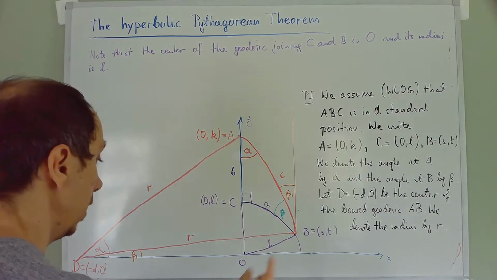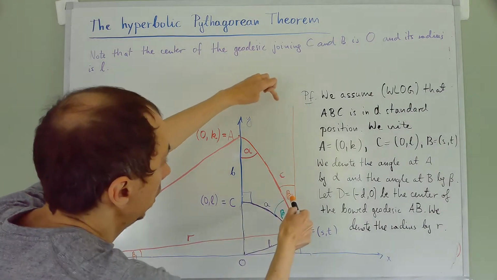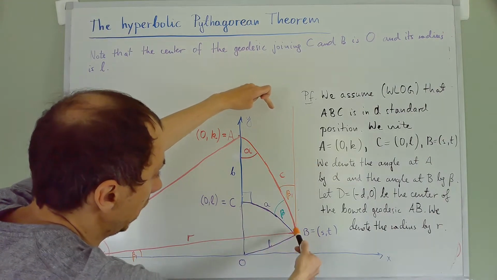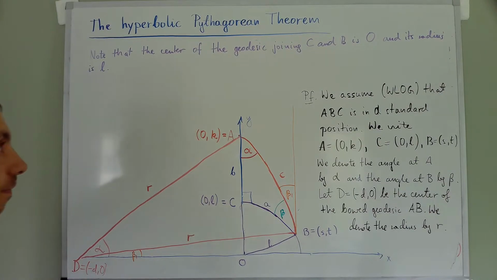Similarly, if I draw a vertical geodesic going through the point B, the angle between this vertical geodesic and this bowed one, which is again the angle between this and the tangent line, can be found over here.